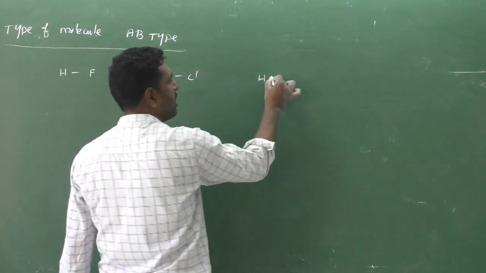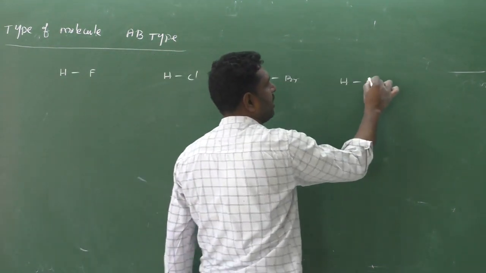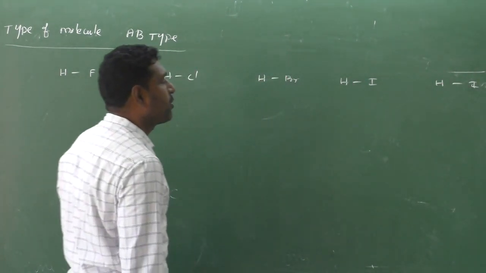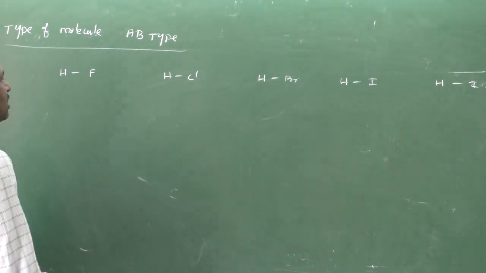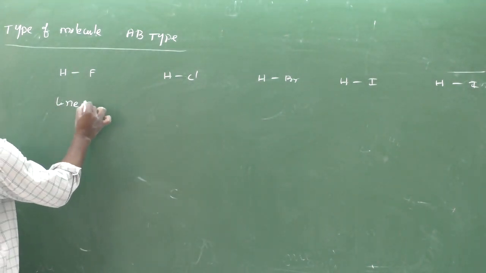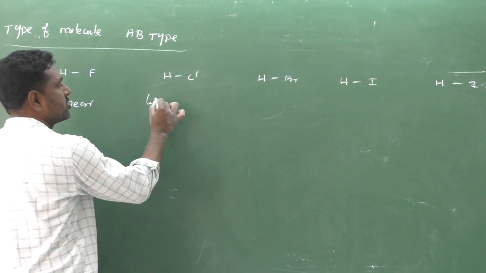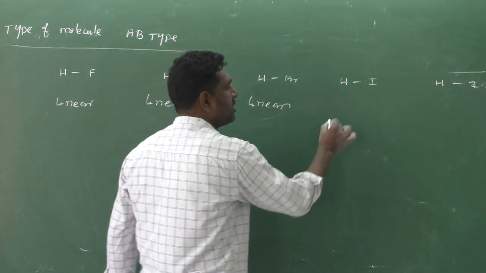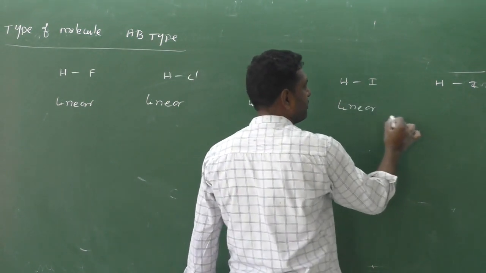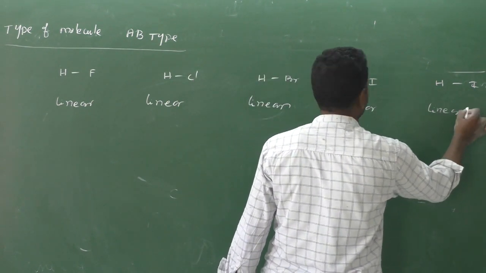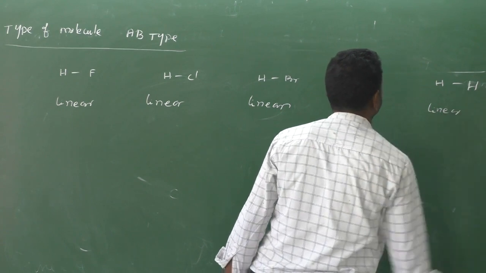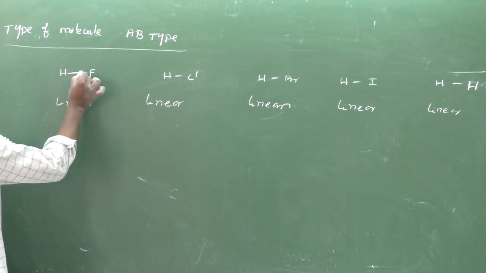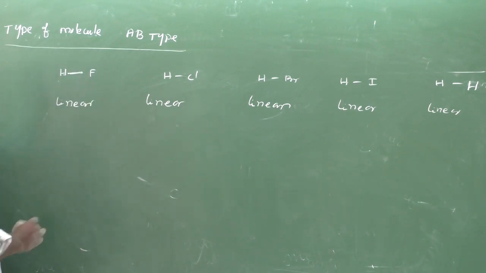HCl, HBr, HI, H2. So what is the shape of all these molecules? They are linear. HH, hydrogen. Here one atom has less electronegativity than the other.